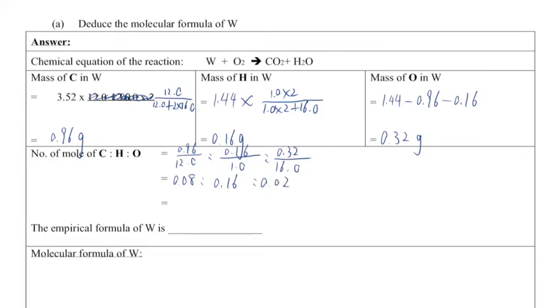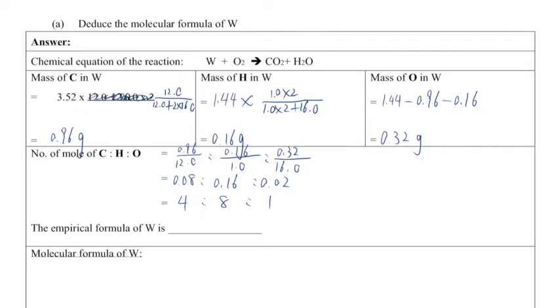To simplify this, we want to work out the whole number ratio, so we divide by the smallest number, which is 0.02 here. So 0.08 divided by 0.02 gives us 4. For this one, it gives us 8. And of course, 0.02 divided by itself gives 1. So the whole number ratio will be 4 to 8 to 1.